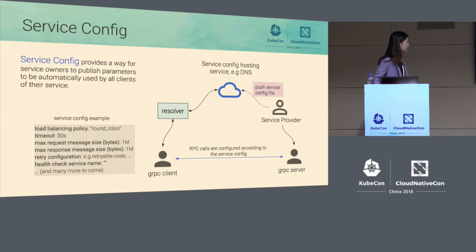It also specifies the RPC timeouts and the request and response message size limits. And our new features like RPC retry or health checking are all integrated with the service config. So essentially, you can pass configurations through the service config.